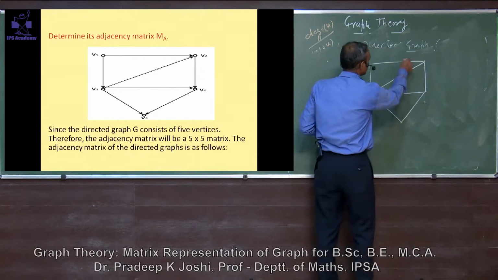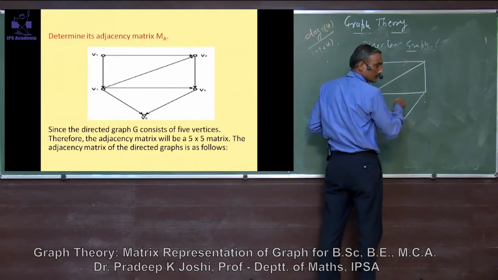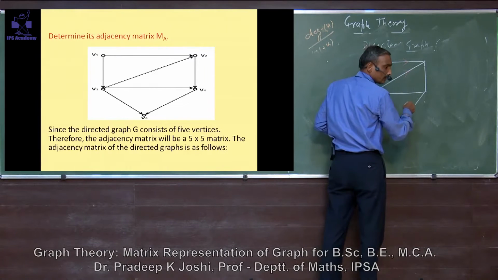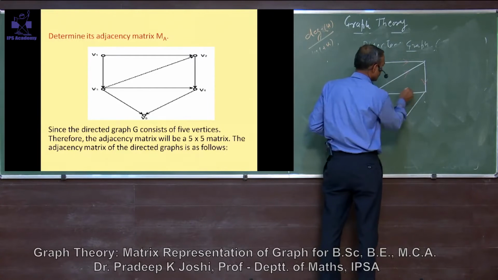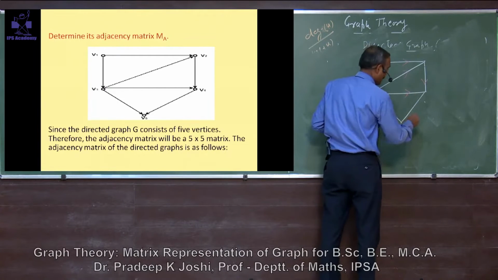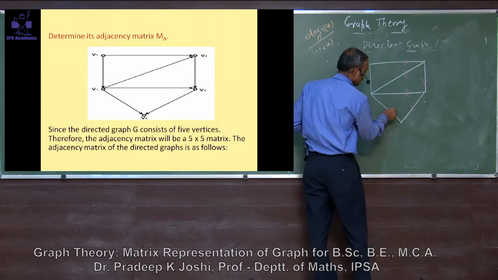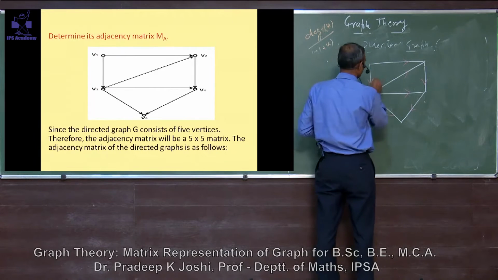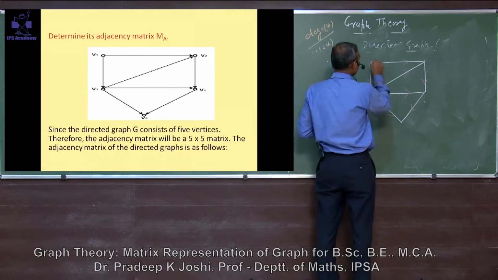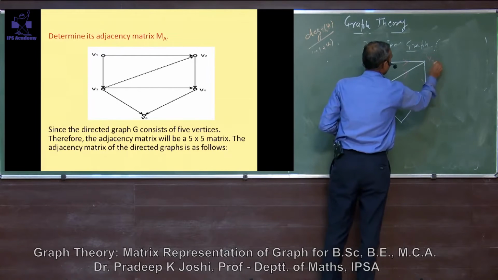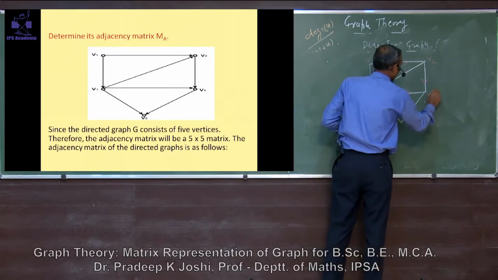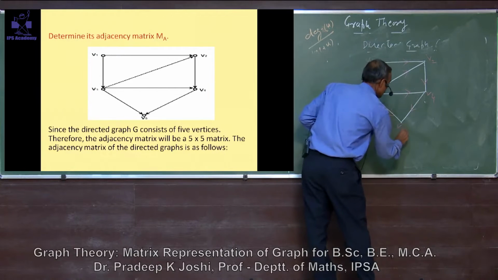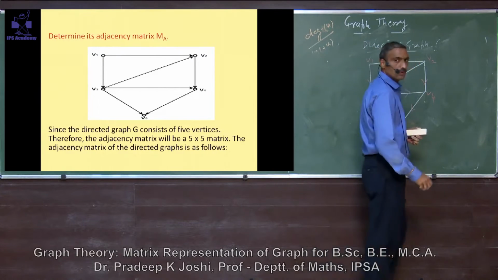We put direction here, this is direction here, this is also here, and this direction is here, and this way, and this way, and this way, and this way. This is V1, V2, and this is V3, V4, and this is V5.